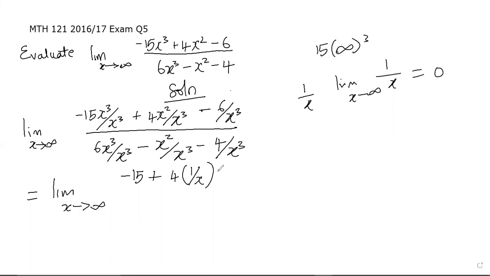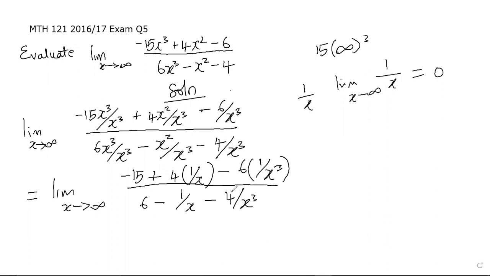Minus 6 into 1 over x raised to the power of 3. Everything divided by, this one will cancel this one, you'll be having 6 minus, this will cancel and 1x will remain on the bottom, minus 1 over x, minus 4 over x raised to the power of 3.